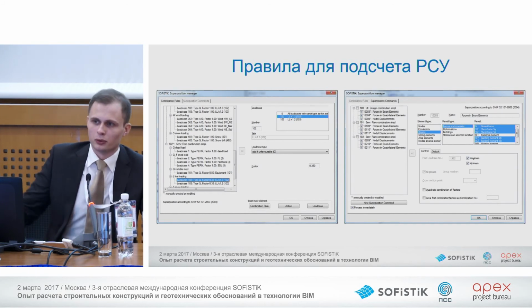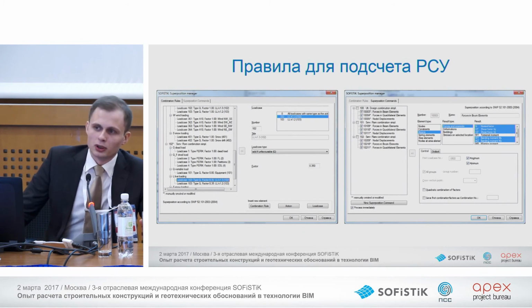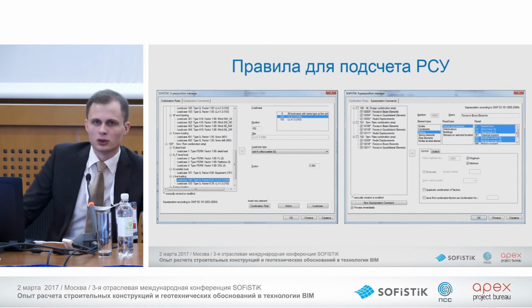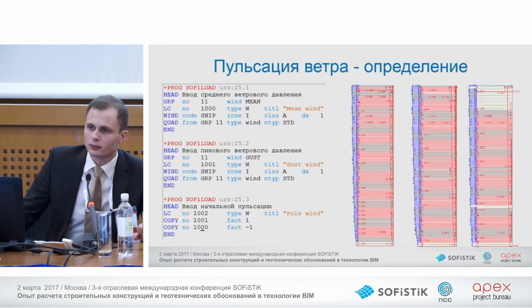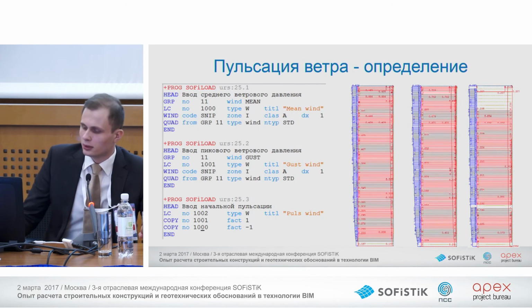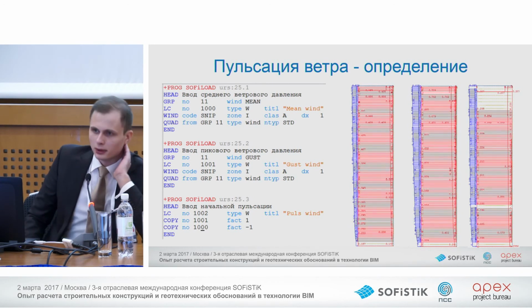Longitudinal forces, and there are a lot of other parameters or effects which are not necessary. First of all, you will accelerate the calculation, and the results will be similar to those that you can reach manually. Wind pulsing, wind oscillation.